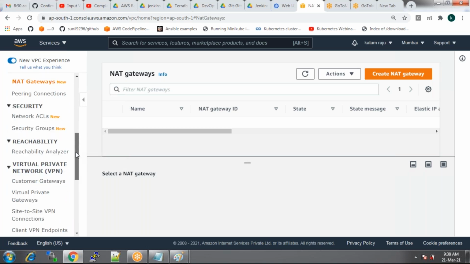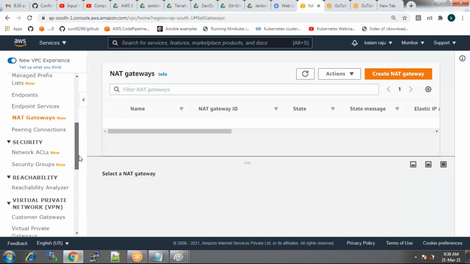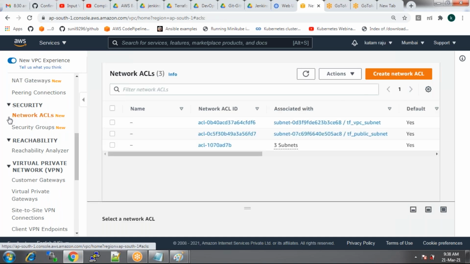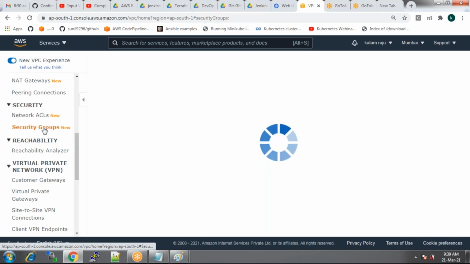Yeah, there we have NACLs. We create a network access control list, and then we attach the network access control list to the subnets, associated to so and so subnets. And then security groups are associated to the instances.